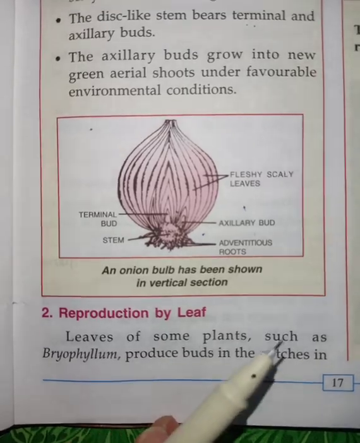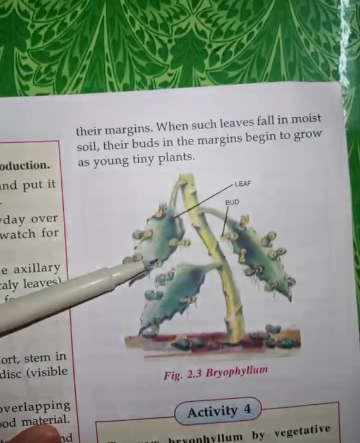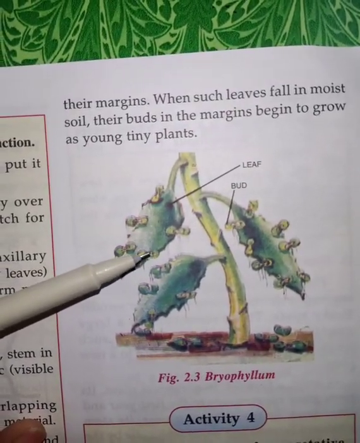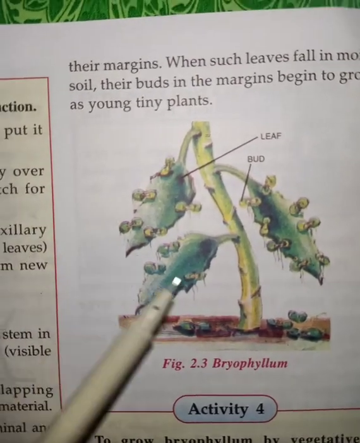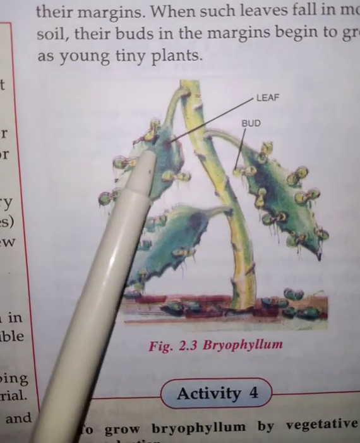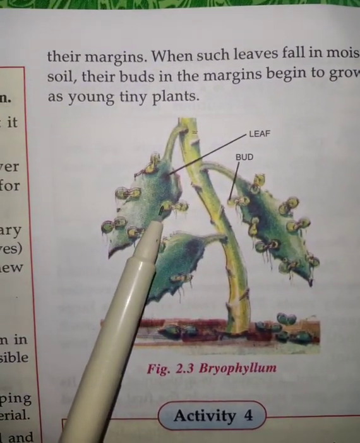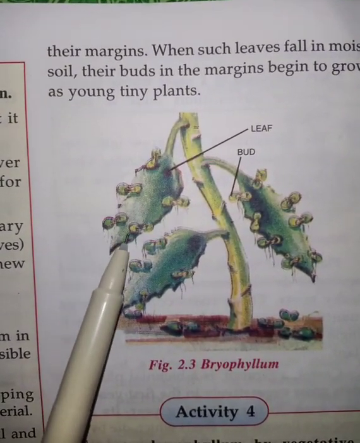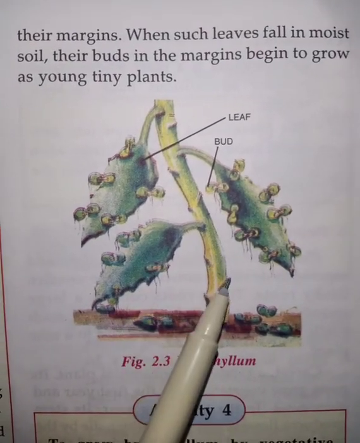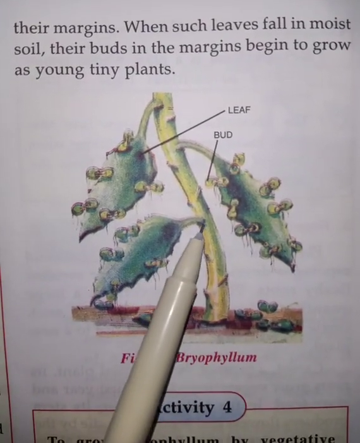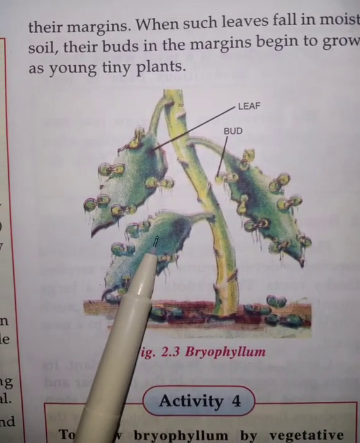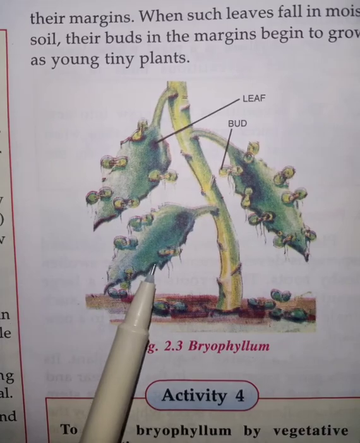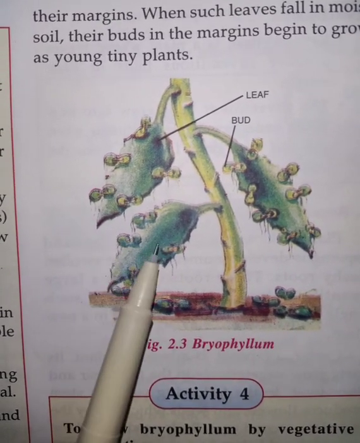Okay, so this is also very easy, children, because you can see in this picture this plant is called bryophyllum, very easily available in most places. As you can see in this plant, these are the leaves, and these leaves contain small bud-like structures on the side. When we keep this single leaf in the soil and water it, each bud is able to grow into a new plant.